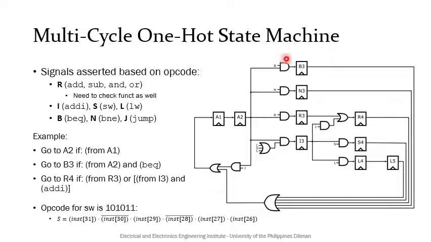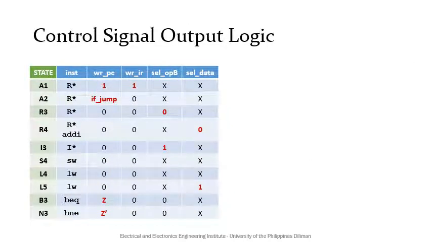Note that the hardware shown already includes the state flip-flops and the next state logic. The only thing missing now in our FSM is the output logic block. For our control signal output logic, we will use the table of control signals as our basis.